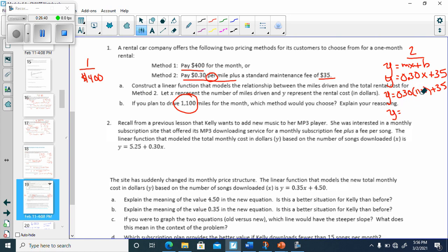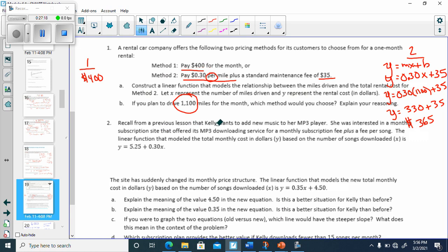If you put that into your calculator, 1,100 times 30 cents, that's $330, okay? Plus $35 would be $365, right? $365. This is $400, okay? Which one's cheaper? Number 2, okay?